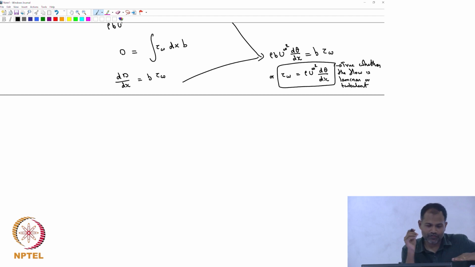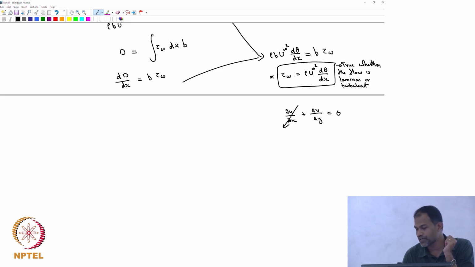No, in fact, the path of the particle will basically go a little up. I can't think of any other explanation why it would go up, but one thing is this: continuity would say that. If you look at continuity, dou u by dou x plus dou v by dou y is equal to 0.